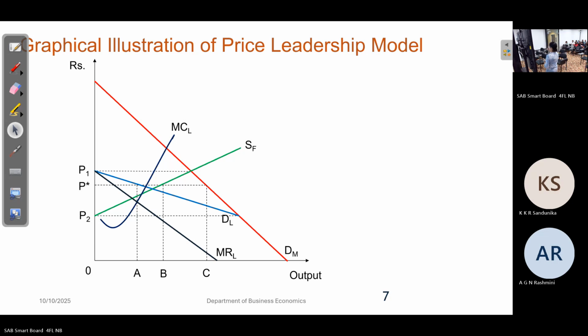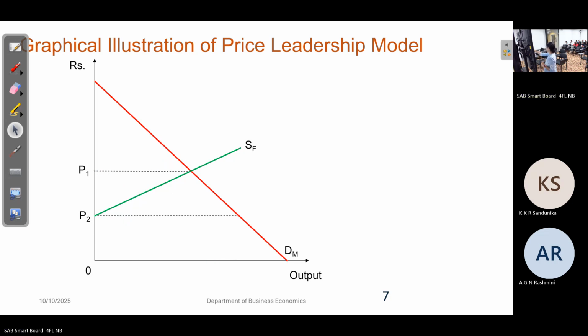Okay. Now can you please draw this? When you are drawing, make sure you first draw the market demand, then the supply by the followers. Now please look at the book. Here you can see at P1, the importance is that under the P1 price, the entire market demand is supplied by the followers.